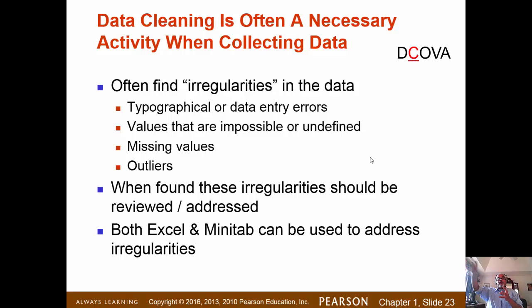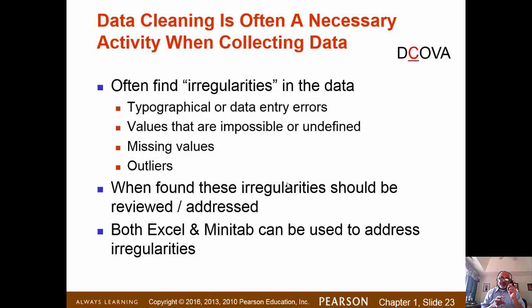So they fall way outside the normal range, so those are outliers. Now outliers could sometimes be a typographical error. Instead of typing 200,000, suppose you type one extra zero and it becomes 2 million. So such irregularities must be reviewed, and we must fix those irregularities.